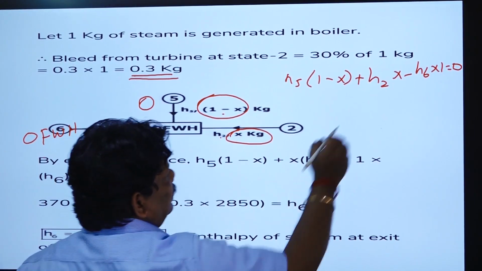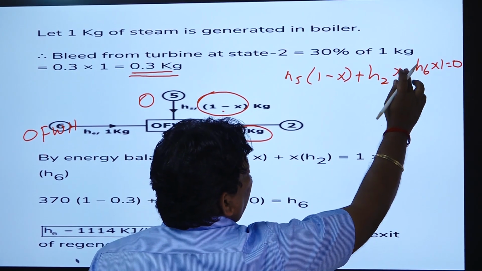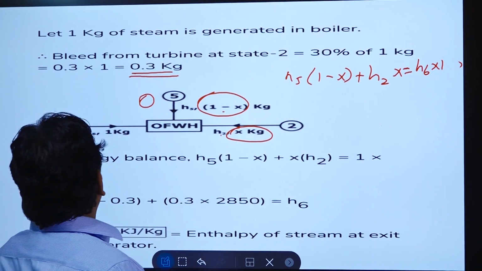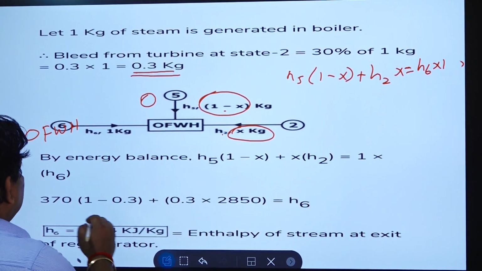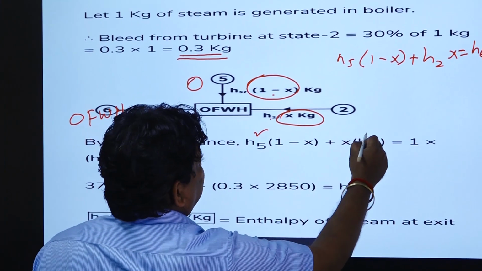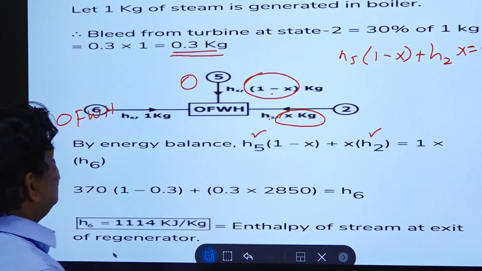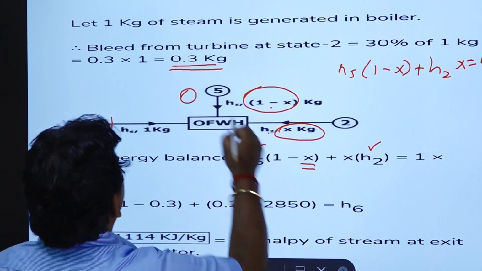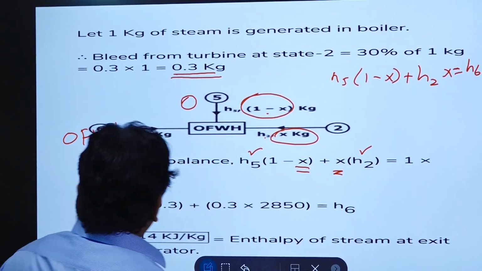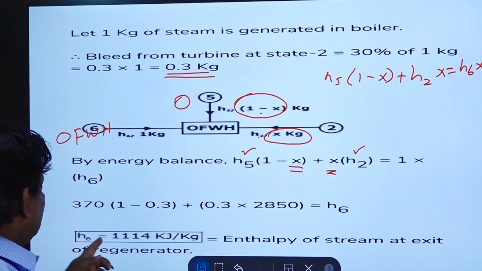So this will be equal to H6 into 1. You know the values of H5 and H2, and the value of x is 0.3 kilogram. So x is known to you, and you can easily find the unknown H6.